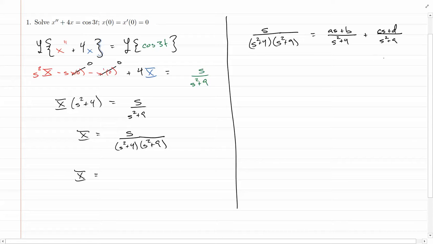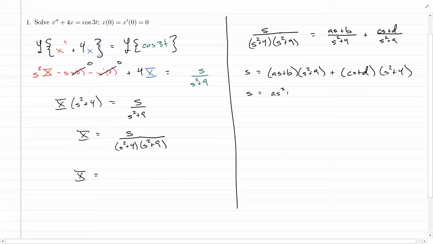Let's multiply both sides by the common denominator here. So we'd have s equals as plus b times s squared plus 9 plus cs plus d times s squared plus 4.